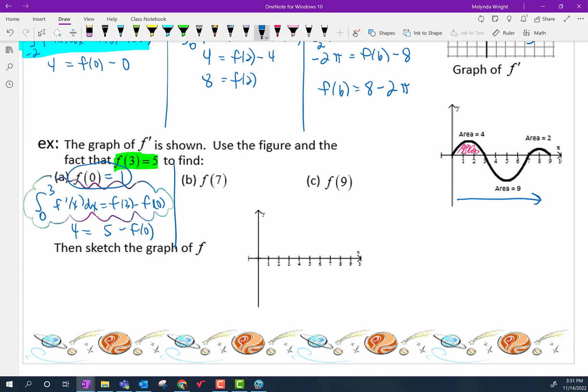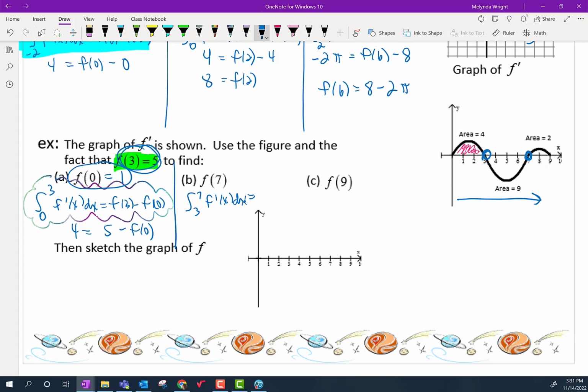Okay, now let's work on f of 7. I think I would like to go from 3 to 7 because I have f of 3 right here, and I think that's cleaner. That's what I would like to do. So I'm going to integrate from 3 to 7 of f prime of x dx.